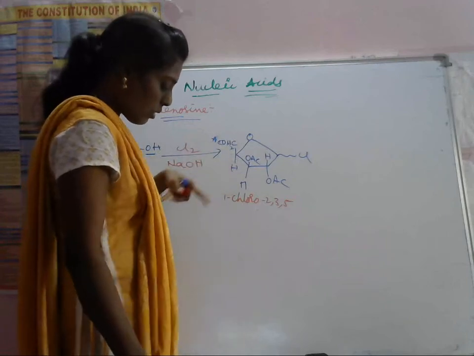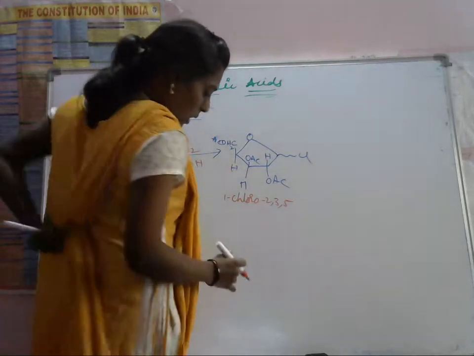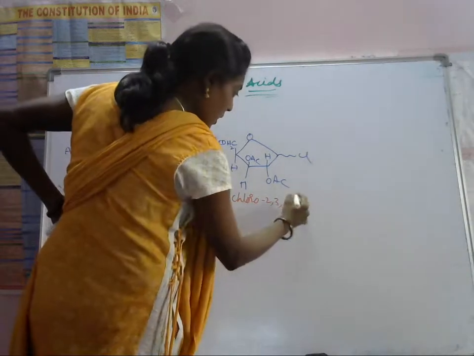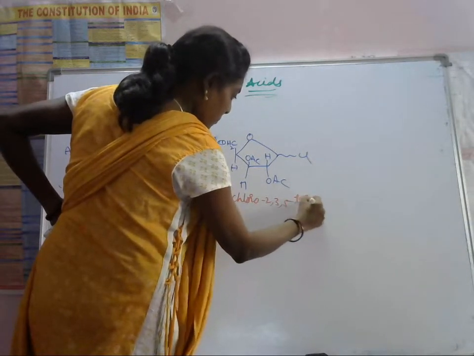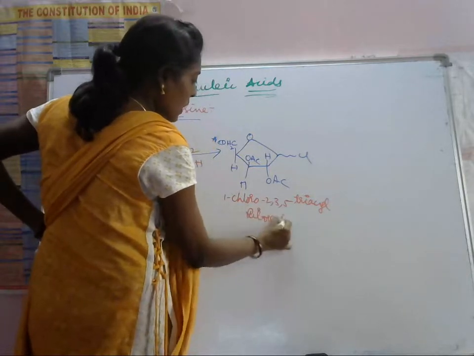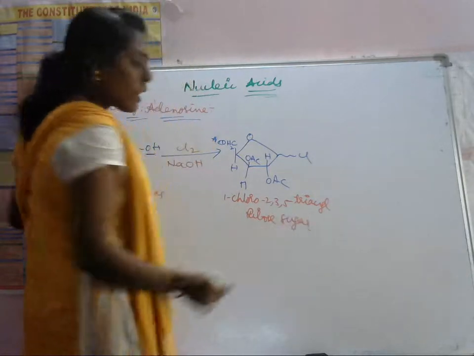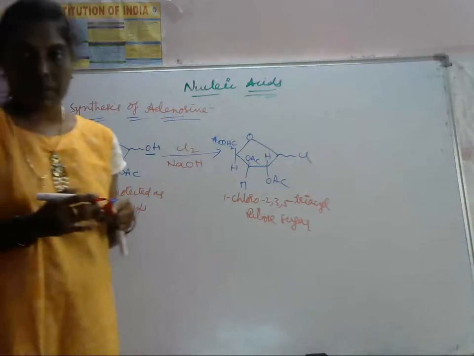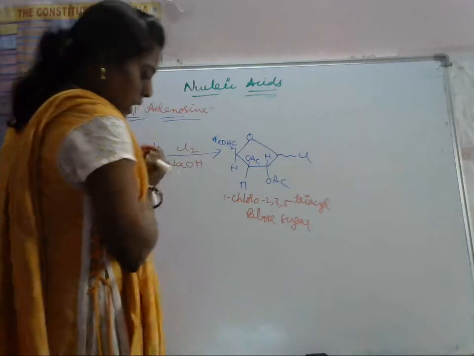So acetylation. We are taking a ribose sugar, not the hexose. Ribose means a 5-membered ring, 5 carbons will be there.